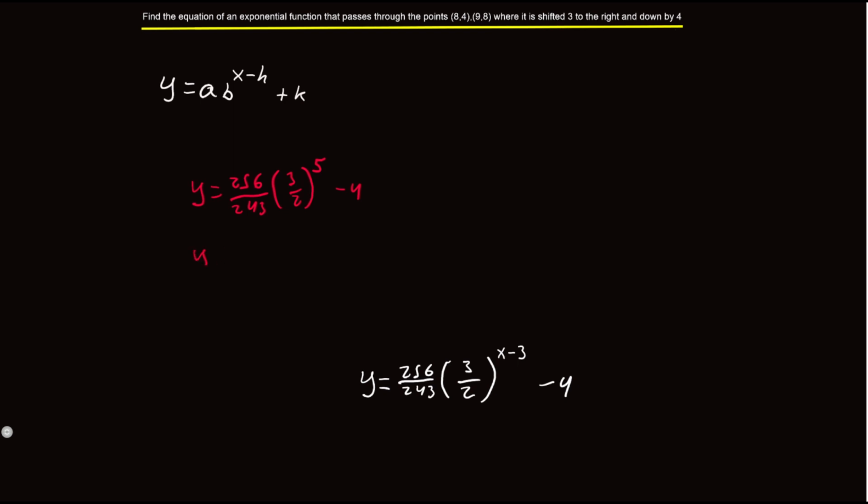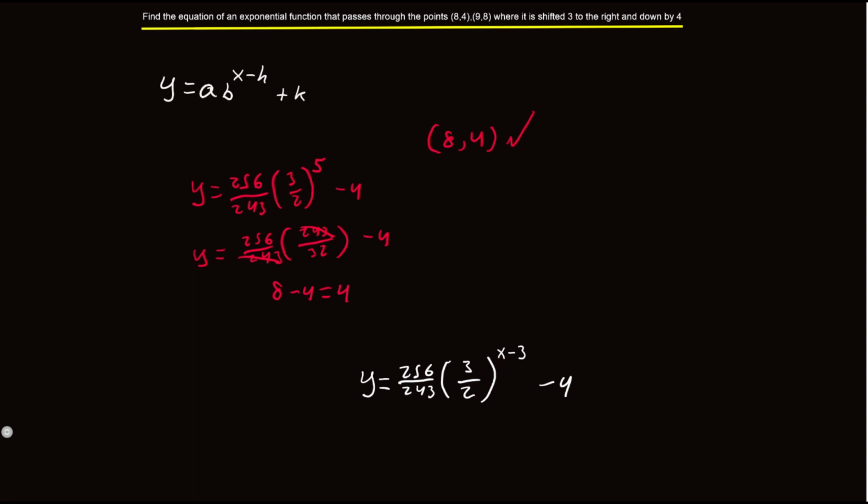So doing so, we will get y is equal to 256 divided by 243 times 243 divided by 32, where the 243 cancels out, and 256 divided by 32 is 8, and 8 minus 4 is equal to positive 4, which gives us 8, comma 4, which is one of our coordinates. So we can go ahead and check mark that, verifying that it is true.